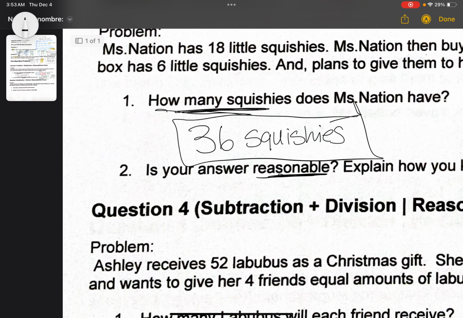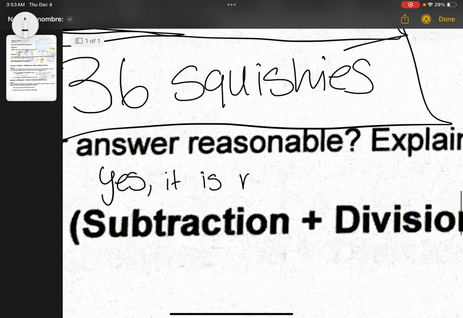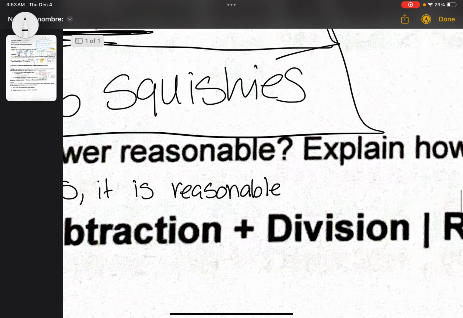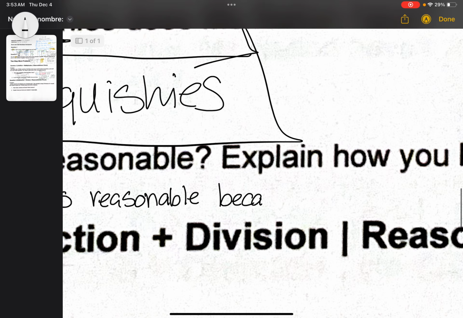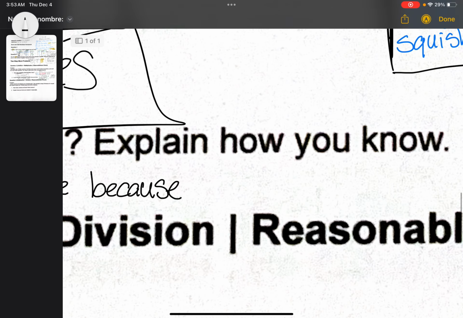So our answer is going to be, yes, it is reasonable because 20 plus 20 is 40.